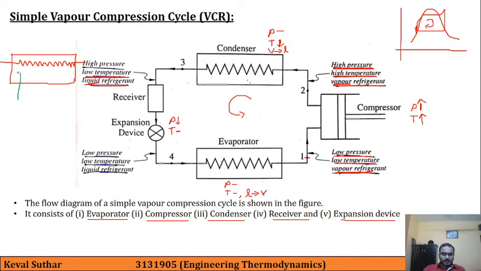So here let's say that this is a pipeline or coils where we are having water, that is for our purpose, which we need to cool down. So here what is happening, let's say this is at 25 degrees Celsius and the exit is 5 degrees Celsius.